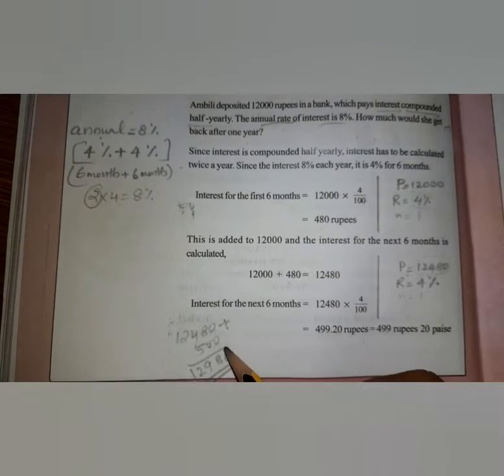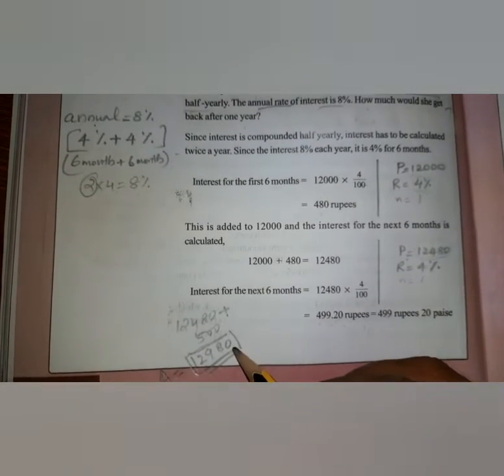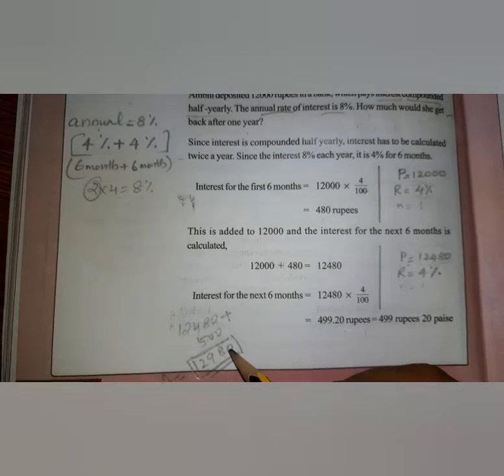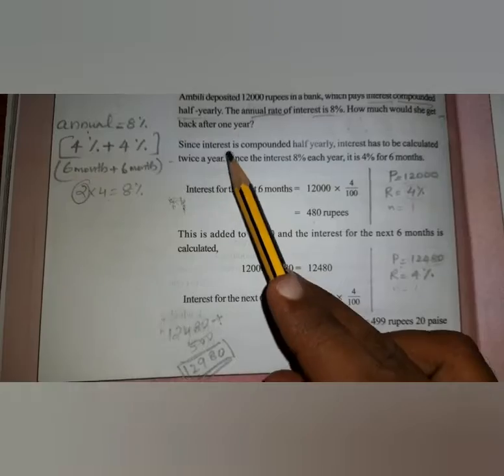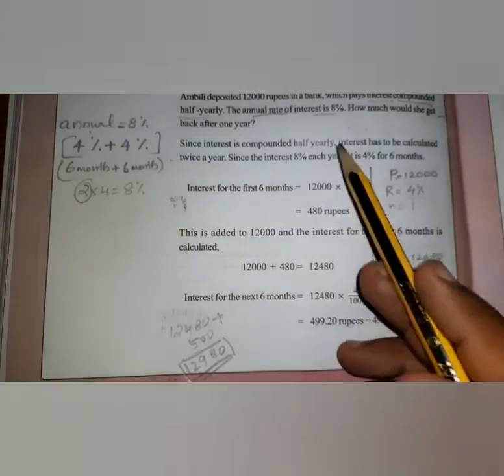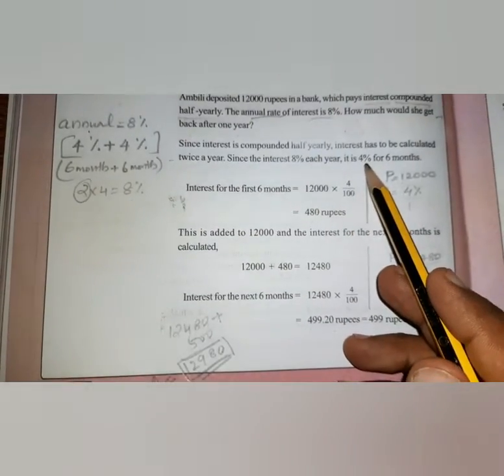The total principal amount after 1 year is 12,980 rupees. So the total interest you are getting is how much? 980 rupees. Why are you getting 980? Because it is calculated half yearly. So the total is 8%, but every 6 months 4%.